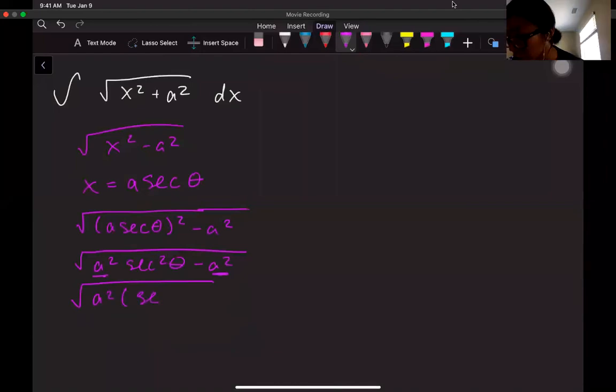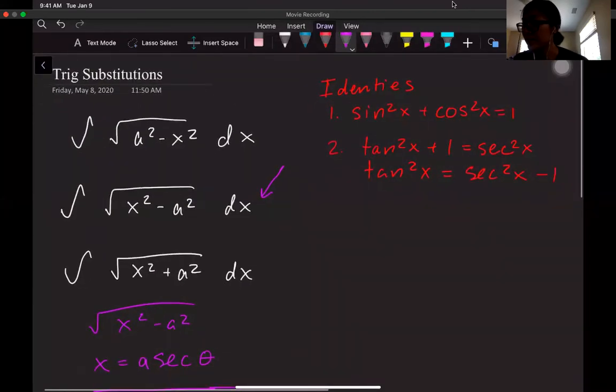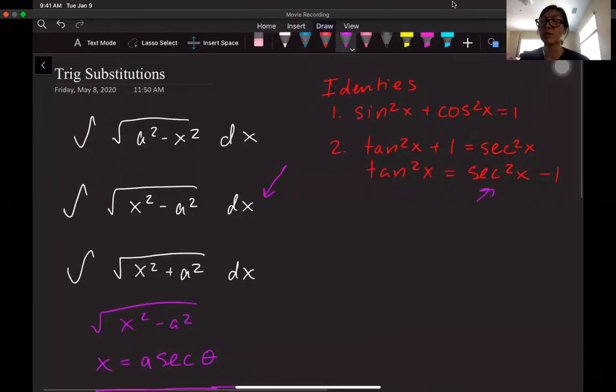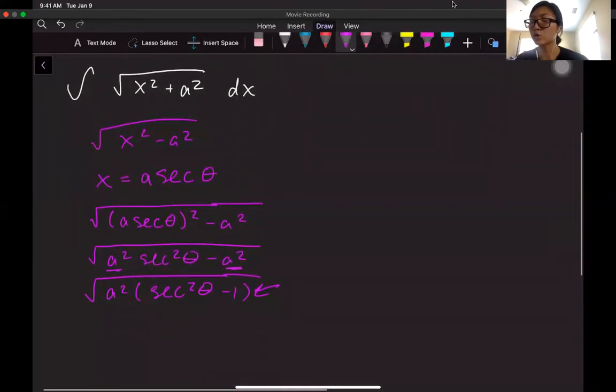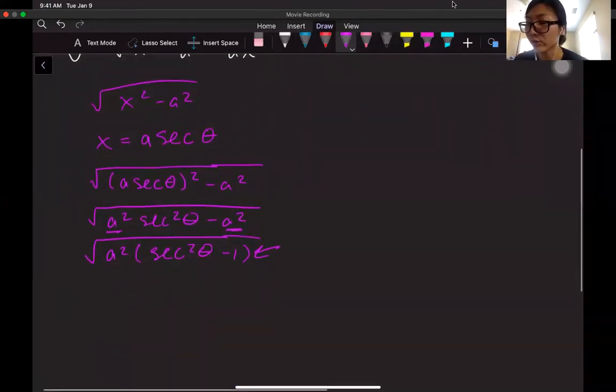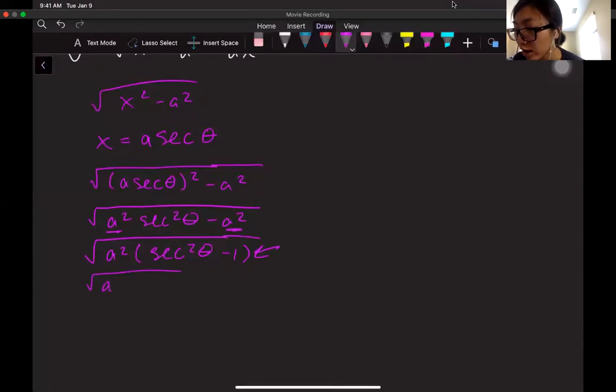So now I have secant squared of theta minus 1, right? So this piece matches this identity right here. Now I have the secant squared minus 1. I know that I can rewrite this as tangent squared. So now I have a squared tangent squared theta. And now everything starts to cancel out very nicely, because now I have the square root of some squares. So now I'm left with a tan theta, right?